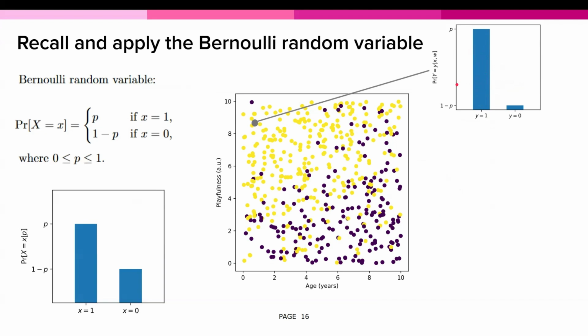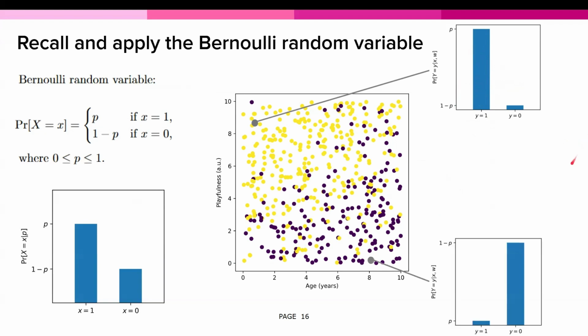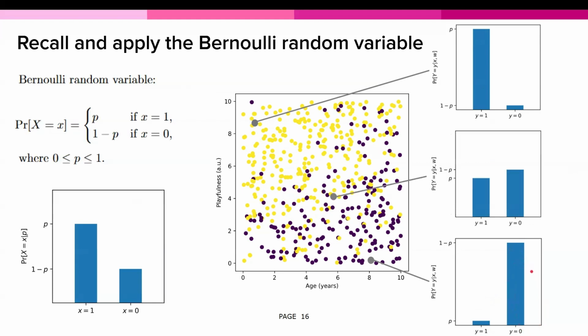If on the other hand, we had a senior indifferent cat, we would expect the PMF to be skewed in the other way. There's a chance it might get adopted, but overwhelmingly likely it won't. And so for things in between those two examples, we're very uncertain of which way it's going to go. In these cases, the features do not strongly favor one outcome or another. So the Bernoulli random variable in this case models the conditional probabilities, as I said, capturing how the logistic regression framework adjusts based on the data we have about each cat.